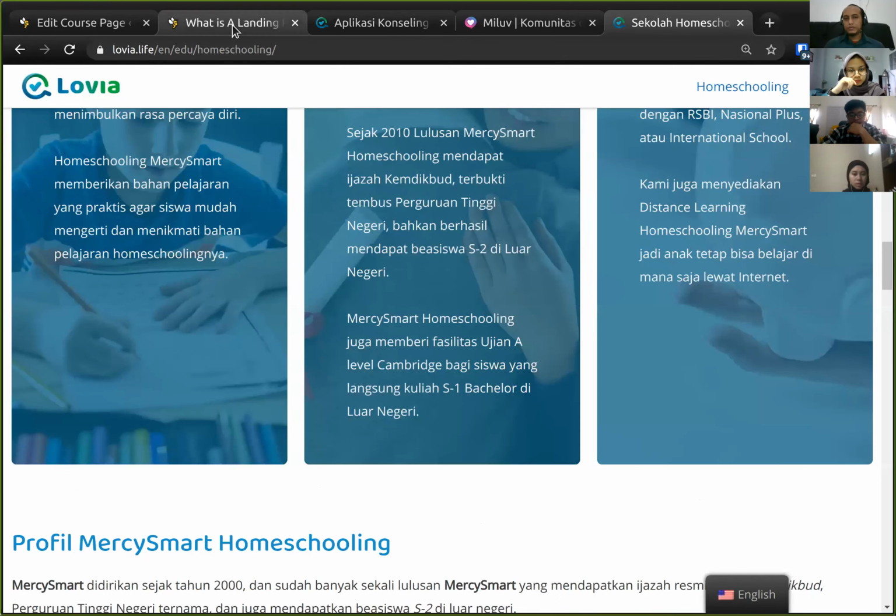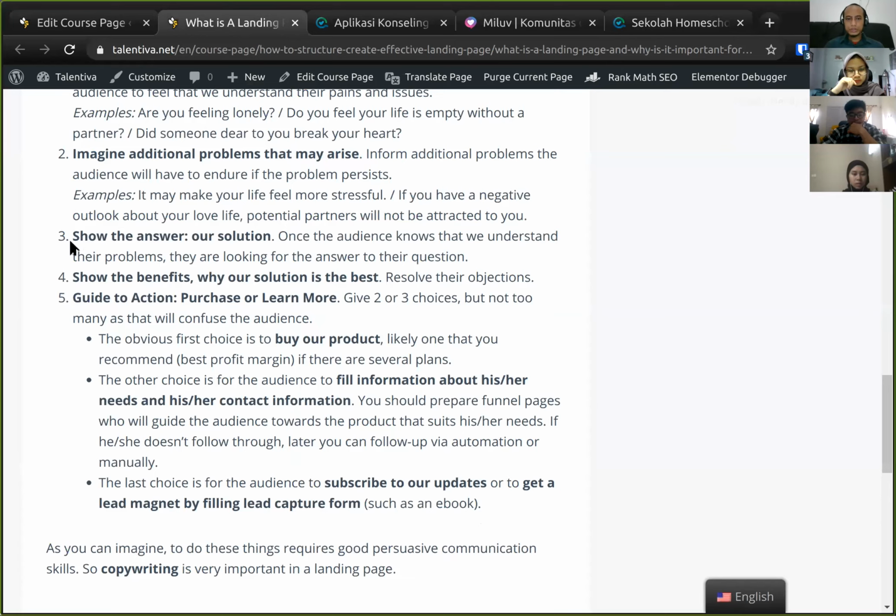That will be even better. So show the answer, and then show the benefits. I'm quite intentional when this word is show instead of telling. Of course, the words are good, but the best landing page will have images and also video to show them, emotionally, that this is the right solution for you.